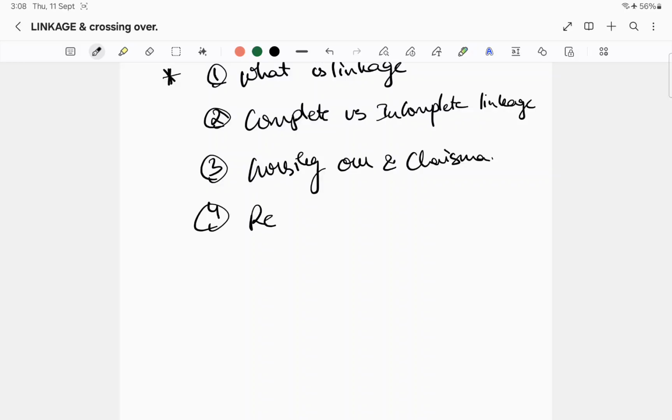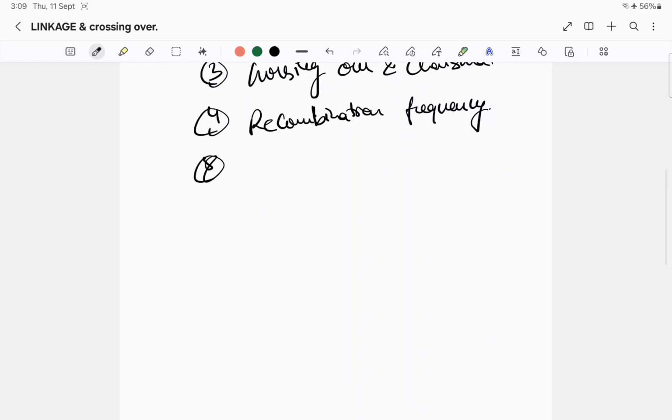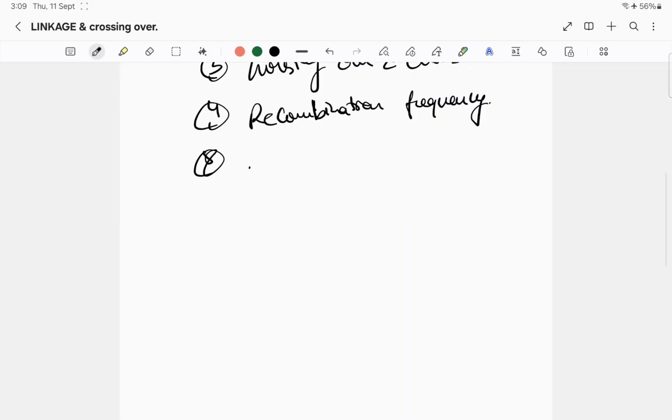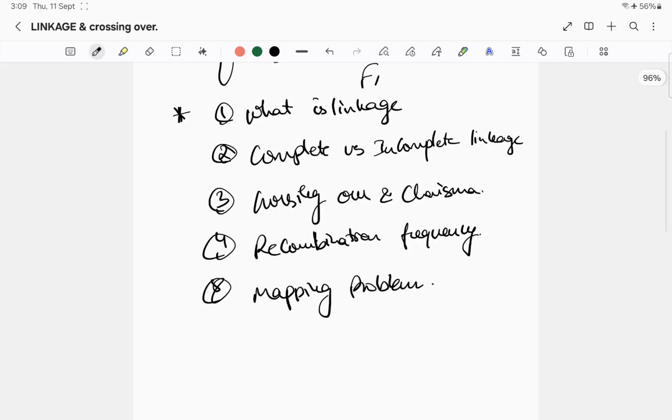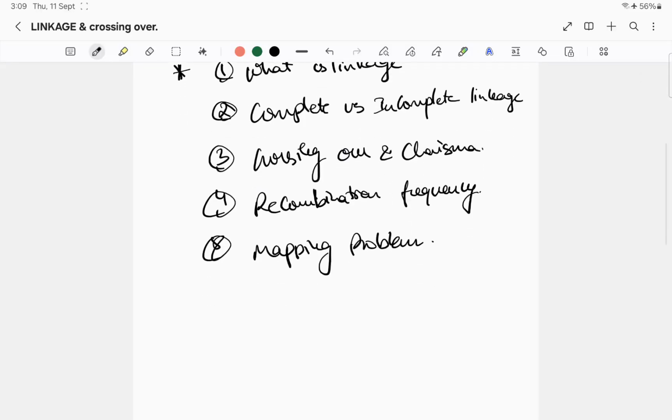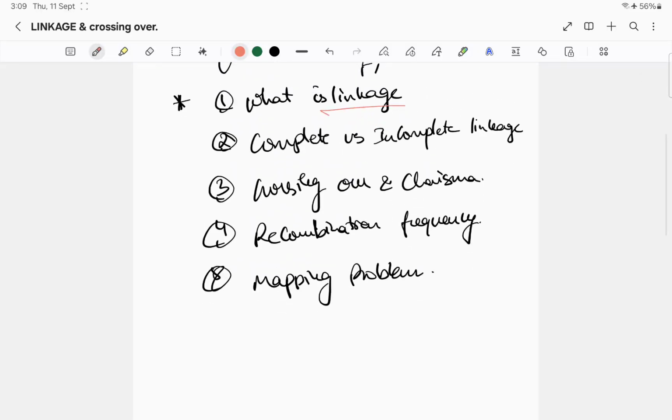Fourth point, recombination frequency. Fifth point is we'll calculate one mapping problem. So these are the five key agendas that today we are going to discuss. Okay, let's move on to the first point.